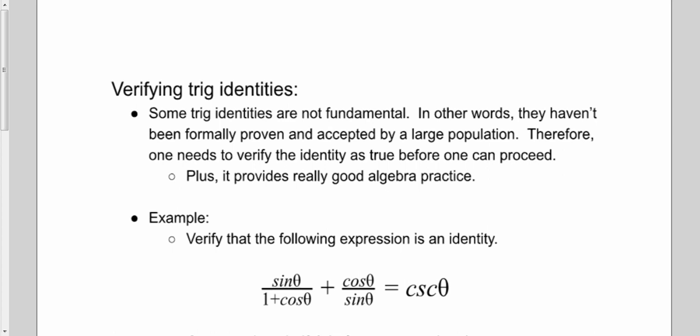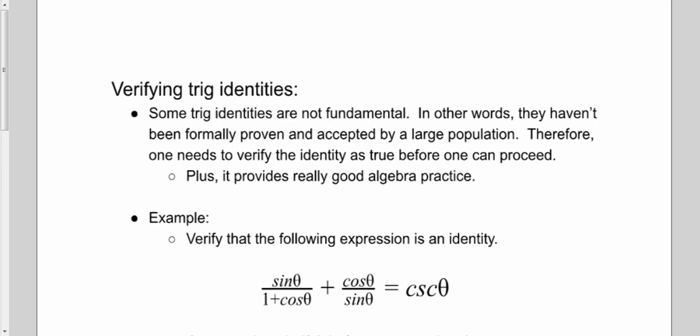However, sometimes we're presented with an equation, we're not sure if it's an identity or not. If it's an identity, what does it mean? Who remembers that definition? It's true for all values of theta. I could put 0 in for theta, and this equation is true.